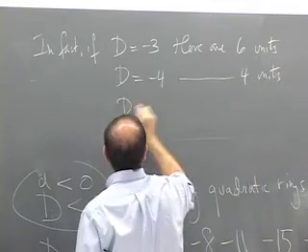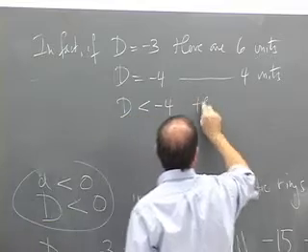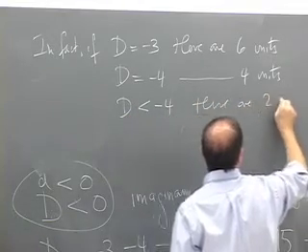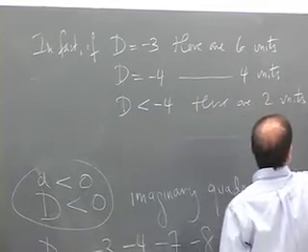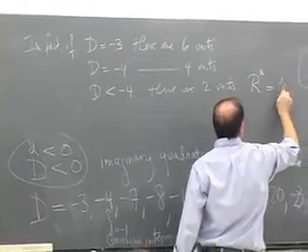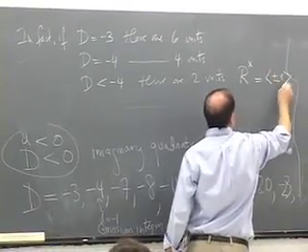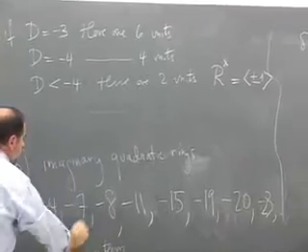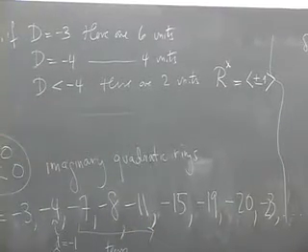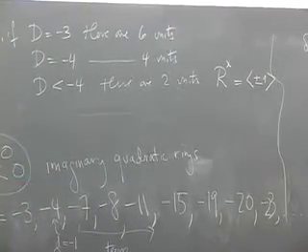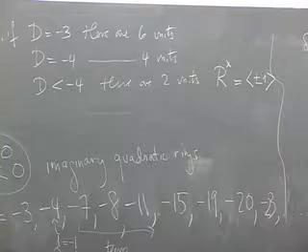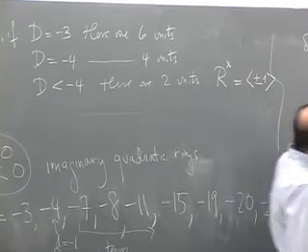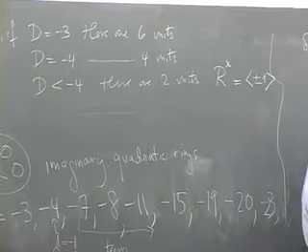And if d is less than minus 4, there are 2 units. In fact, in this case, the unit group is the same as the unit group of Z, just plus or minus 1. So for almost all these cases, except for the first 2, you don't get any new units in the ring that you didn't know about. Nothing is invertible except when a is equal to plus or minus 1 and b is equal to 0.